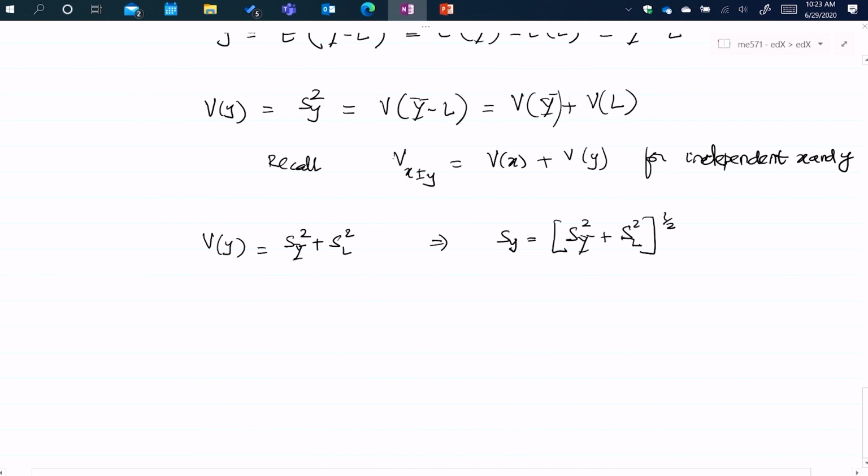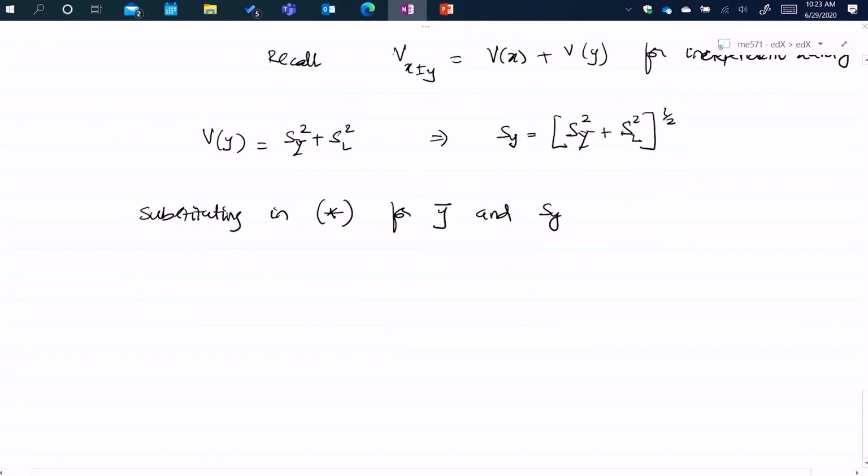So now substituting in star for y bar and s sub y, we get reliability equals the probability that z would be greater than negative of y bar divided by s sub y.